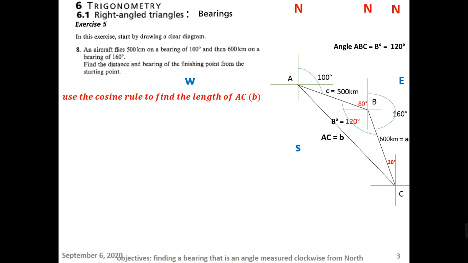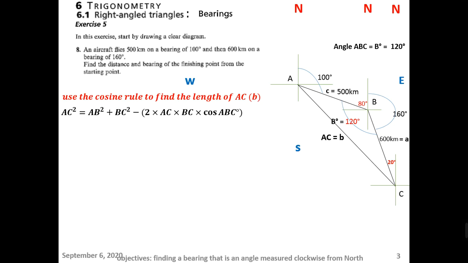Now, we're going to use the cosine rule to find the length of AC, or small b, in other words. So the cosine rule, we're finding b. So we're going to say the unknown side, which is AC, to the power of 2. The other two sides are AB and BC. AB squared plus BC squared minus, in brackets, 2 times AB times BC times cosine ABC.